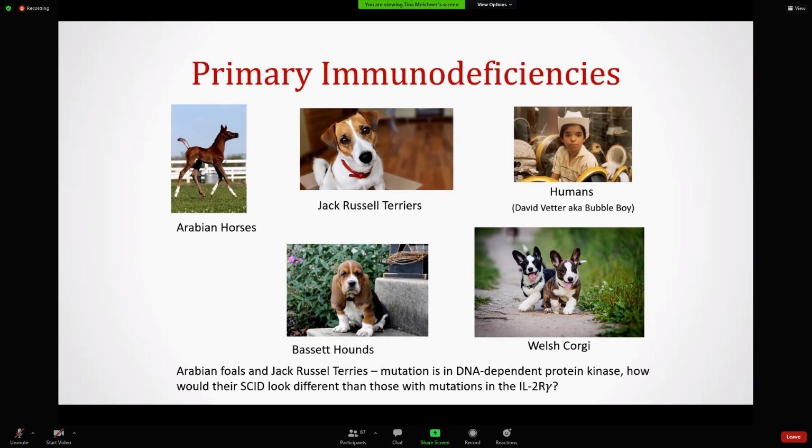So in these animals, not only T cells are affected, they also have a pretty severe defect in B cells. So they have low B cells and low T cells. They hardly produce any IgM, no IgA or IgG. And usually once around weaning, when they're not protected by maternal antibodies anymore, they get pretty severe infections and die.